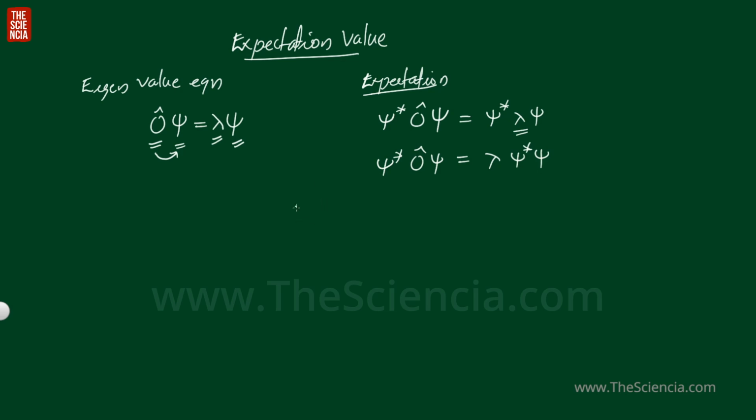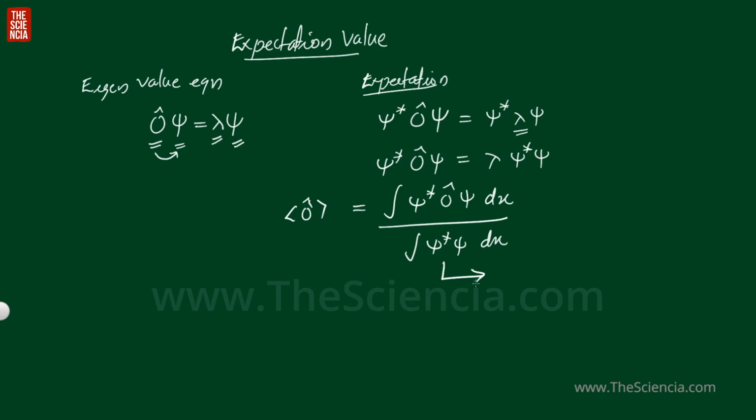Now the expectation value of the operator is defined as the integral of psi star operator psi dx divided by the integral of psi star psi dx. If the wave function is normalized, then we get this integral value as equal to 1. By doing this integration, we get this lambda value, that is the measured value. So this is the equation for expectation value.